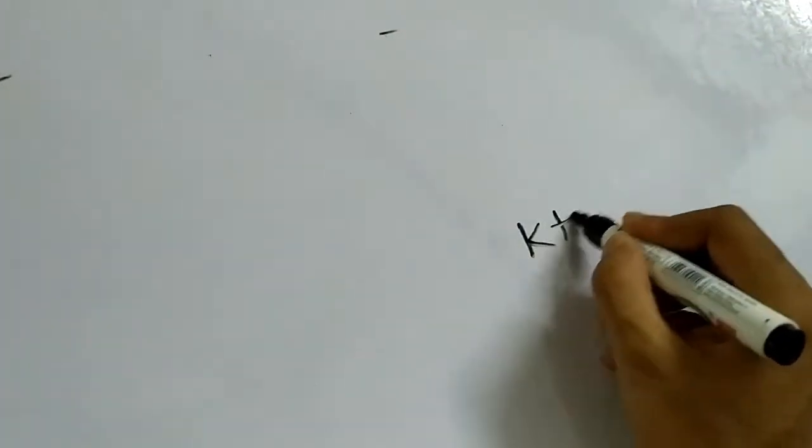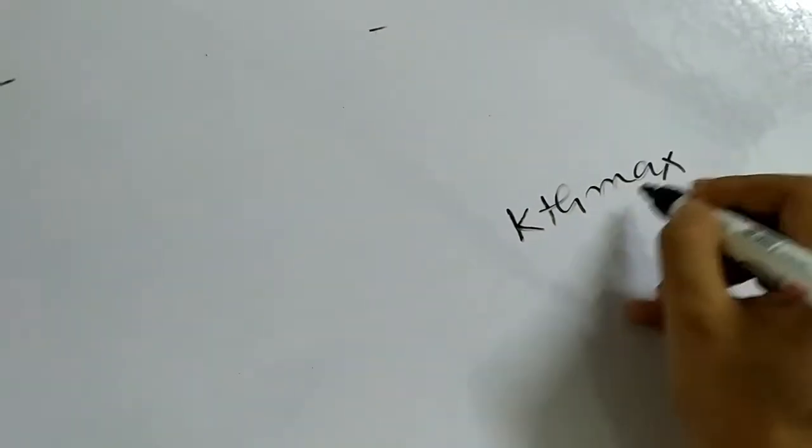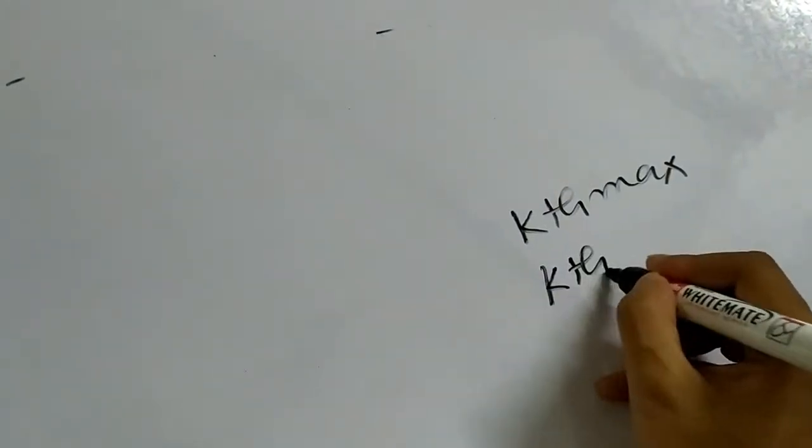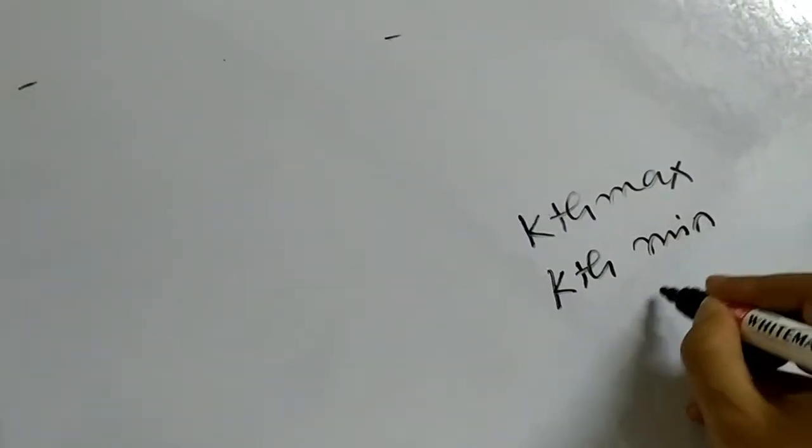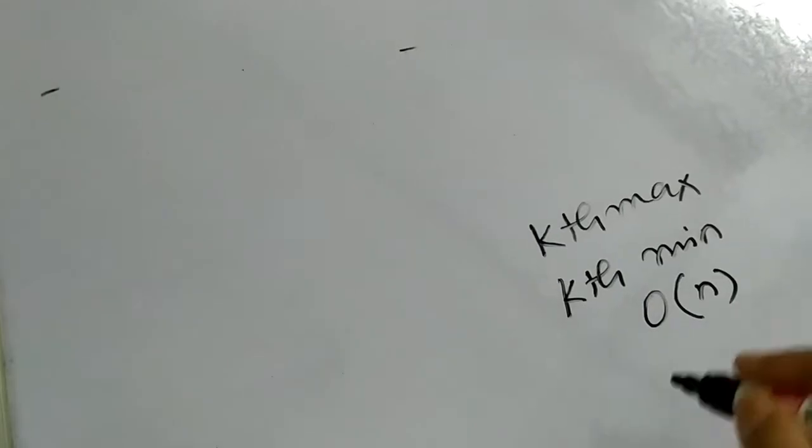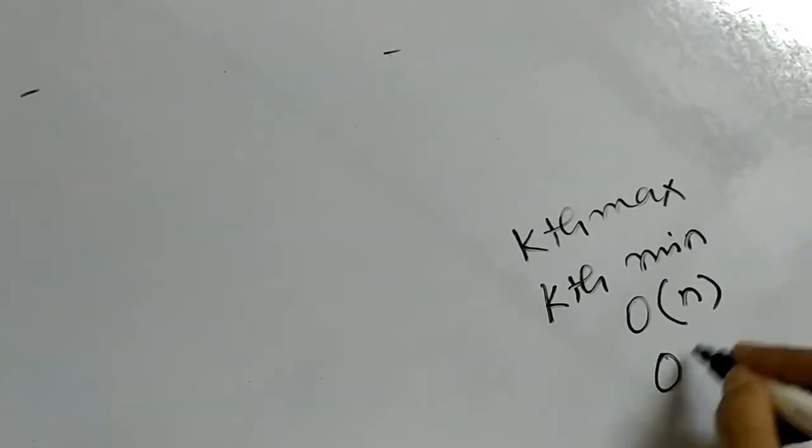So I have to find out the kth maximum and kth minimum of an array within order of n time and without using any extra space. Let's see what kth maximum means.